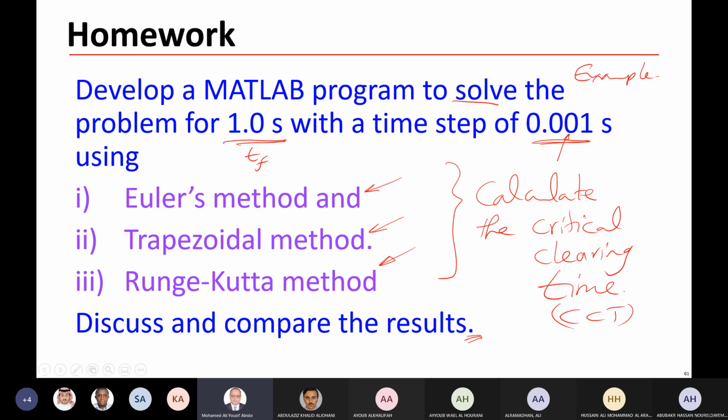We need to calculate the critical clearing time in this case. Can you calculate the critical clearing time? Can you? How?